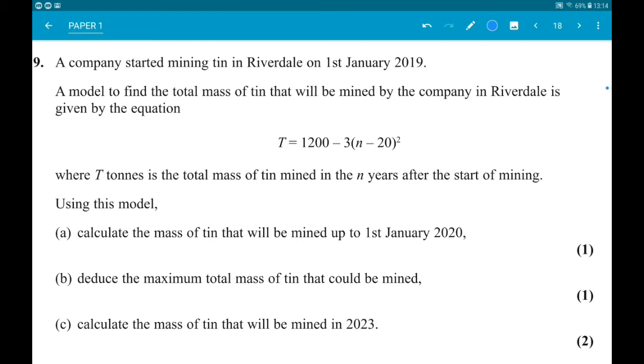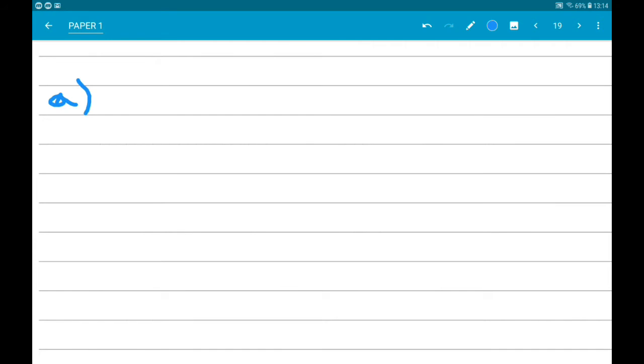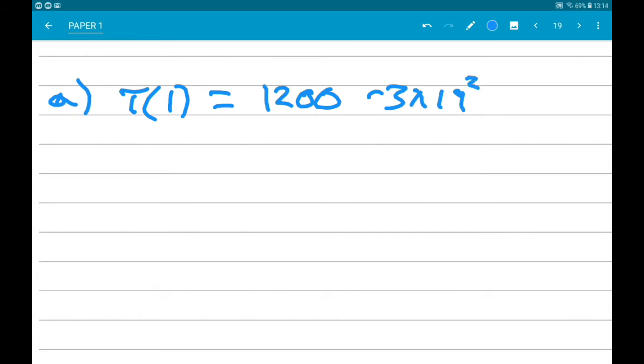So n is 1. So all that we're doing is calculating T of 1. So that's 1200 minus 3 times 19 squared. And that will give us 117 tons.